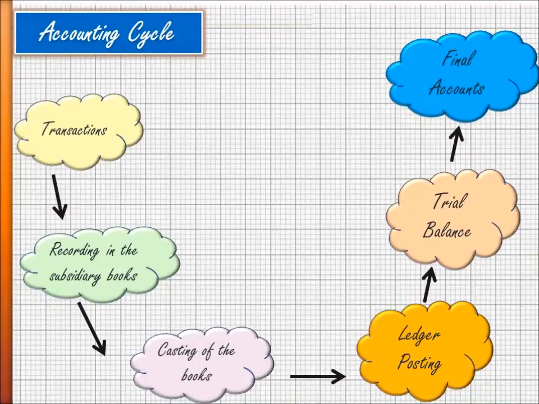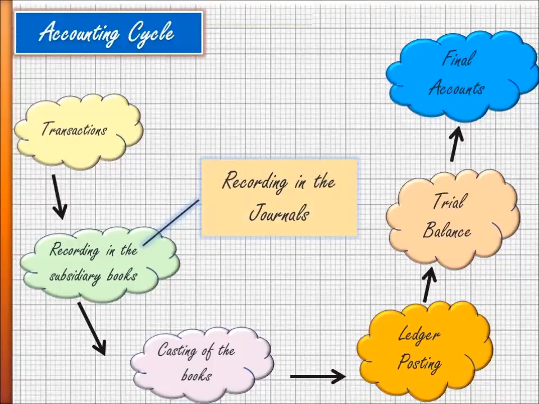So accountancy is in different stages. You have to do the accounting activities in different stages, but the first stage is that transactions are recorded, means noted down in the subsidiary books. Subsidiary books are sometimes called journal, simply a single word, journal. Recording in the journal means recording in the subsidiary books.